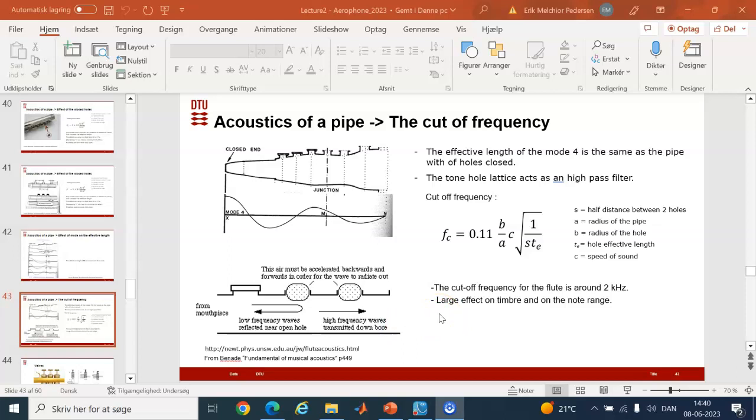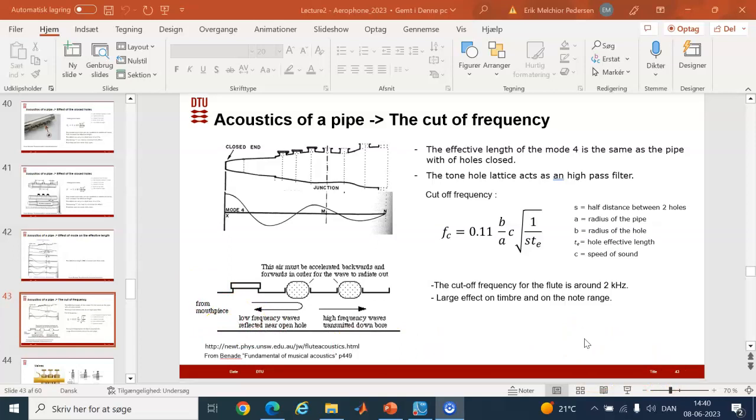The pressure must go in and must go back out. If it can't get out, if it's too high frequency, then the waves will not return and go back to the mouthpiece.